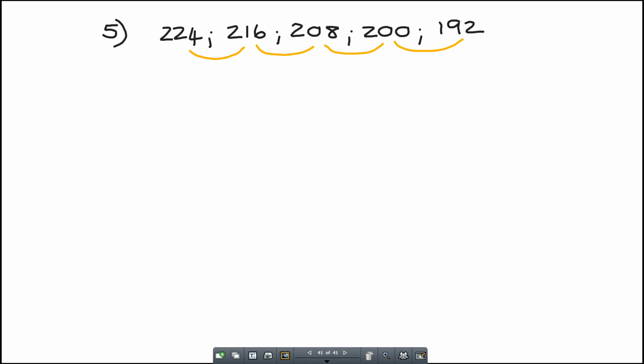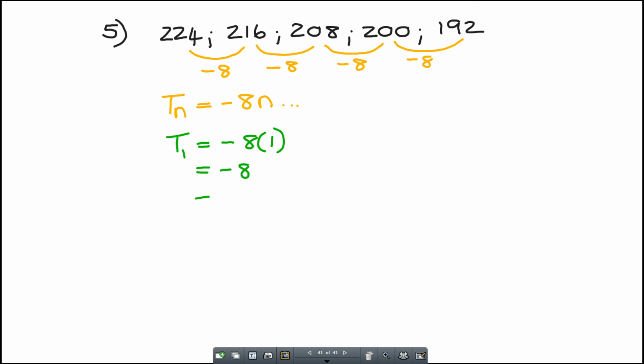Okay, so what are we doing, people? We are subtracting 8 throughout. Okay, so because of that, I knew that it would be term n is equal to minus 8n. The rest we don't know yet. So we go substitute. So term 1 will be minus 8 times 1, which gives me minus 8. But I'm supposed to get 224.